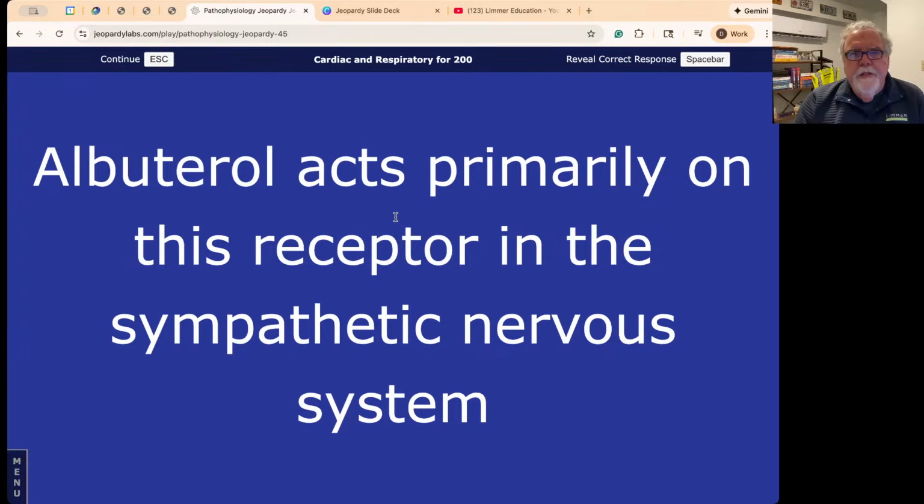Albuterol is a medication that I'm pretty confident almost anybody attending this session about to take a National Registry exam can give. Now, this is a little easier, I think, than the alpha-1 that we had before. Medics have some drugs that will have some alpha effects.